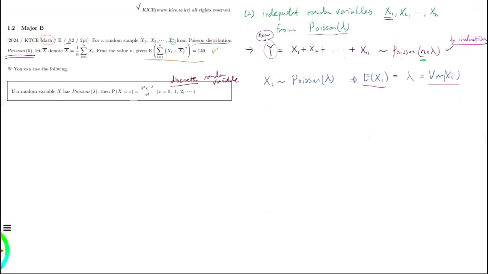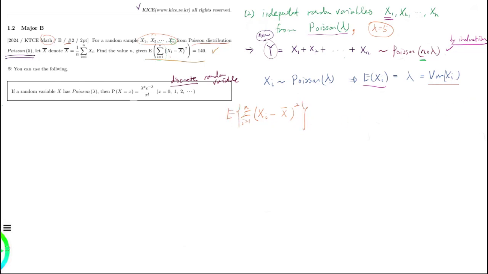obviously in this case, from the sampling, the lambda is 5. It has a specific value here, and let me manipulate this equation, the expectation value of sum of square of deviation from x bar, and its sum, its expectation value.